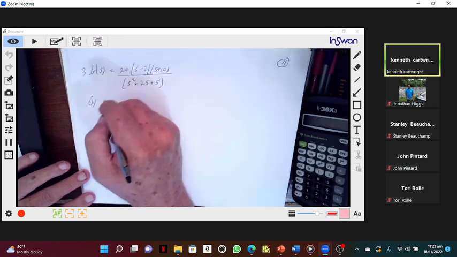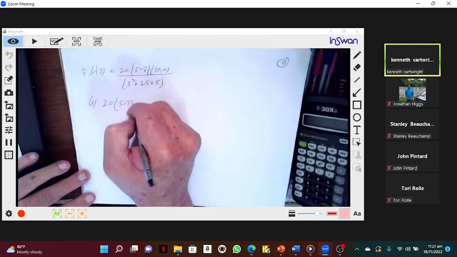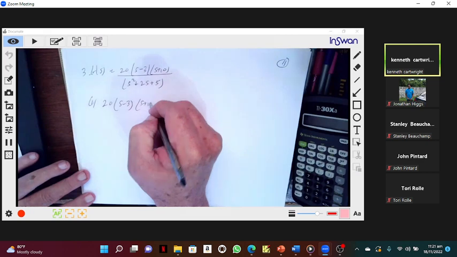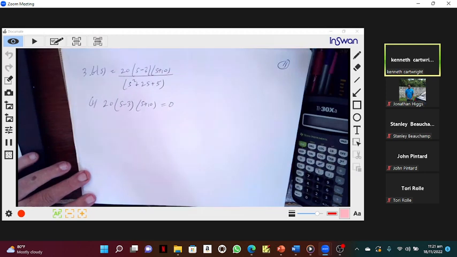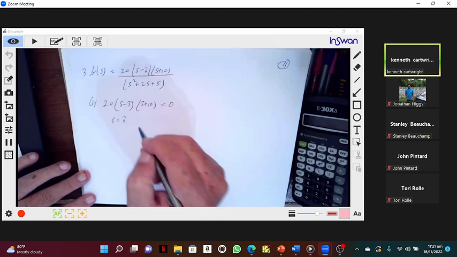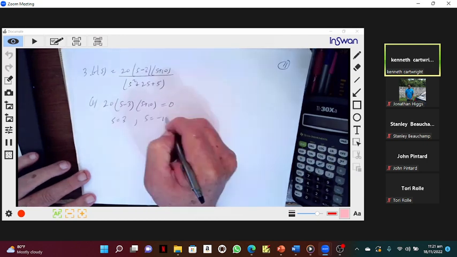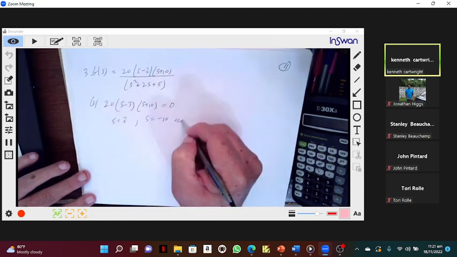So 20 times (s minus 3) times (s plus 10) equals 0. The zeros of the transfer function are the s values where the numerator goes to 0. And clearly, s equals 3 and s equals -10 are zeros.